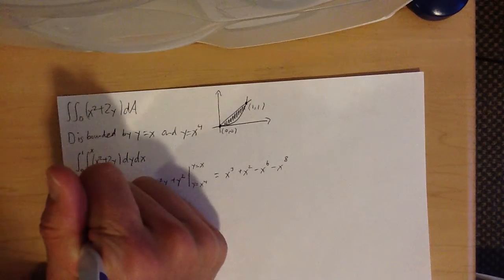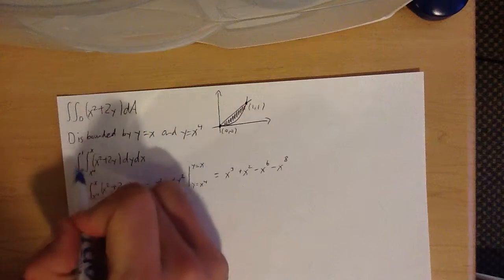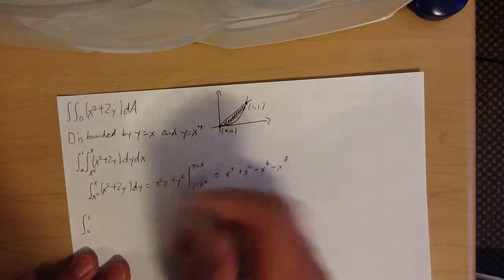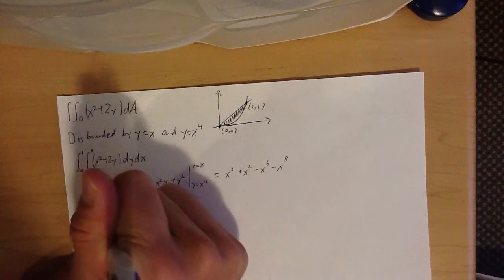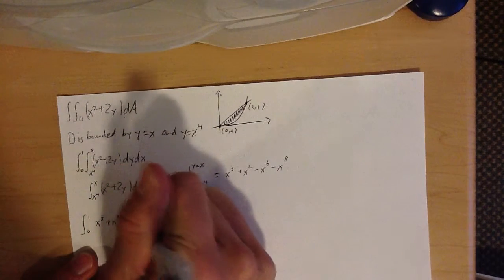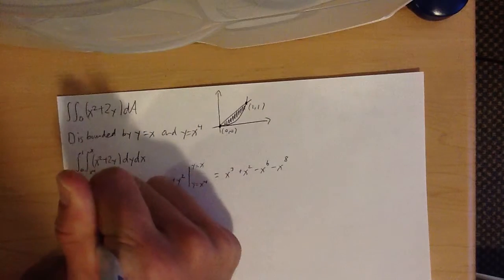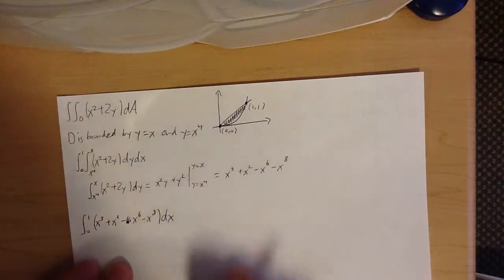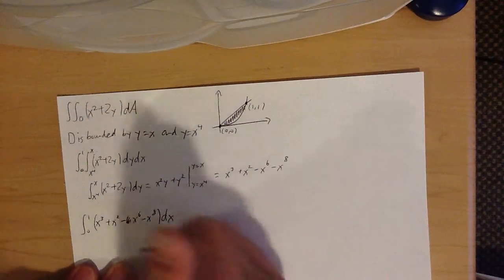So now we can integrate with respect to x. So we have 0 to 1 over here, and then this thing right here, x cubed plus x squared minus x to the sixth minus x to the eighth, dx.